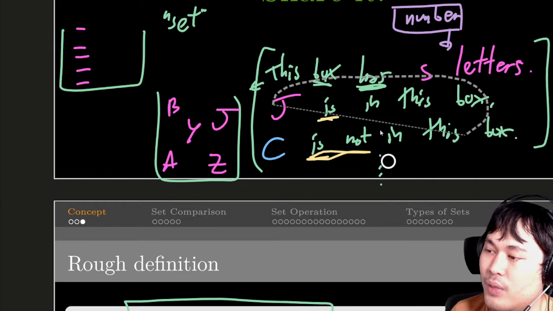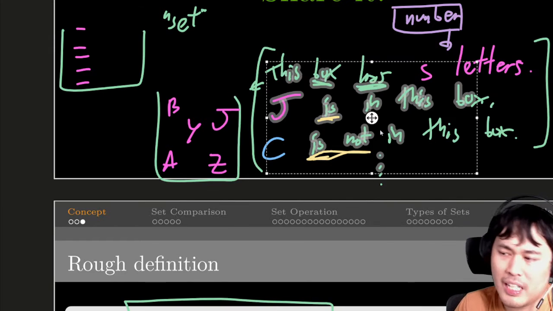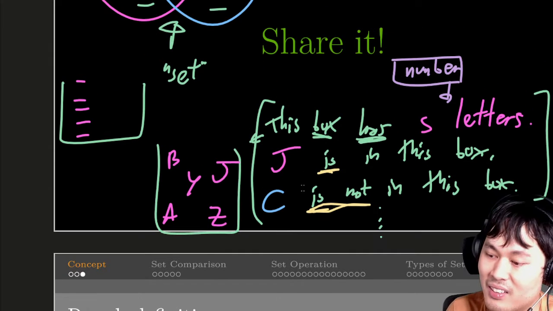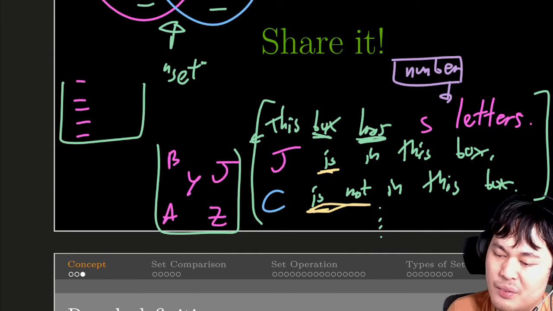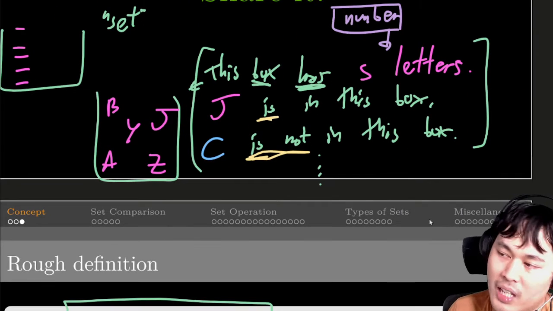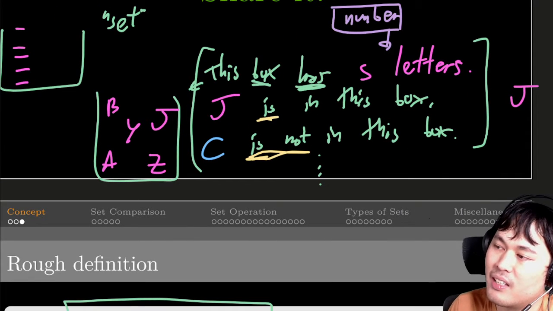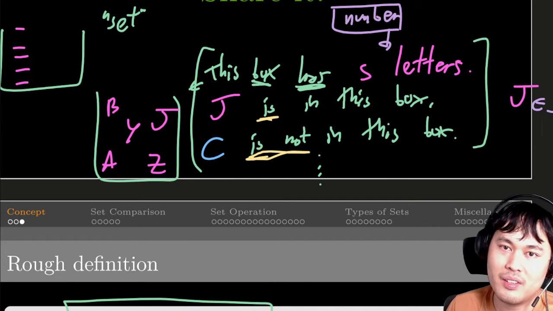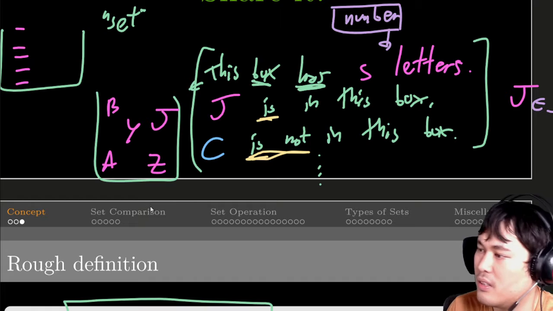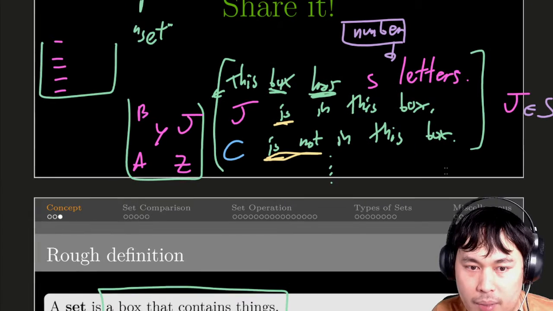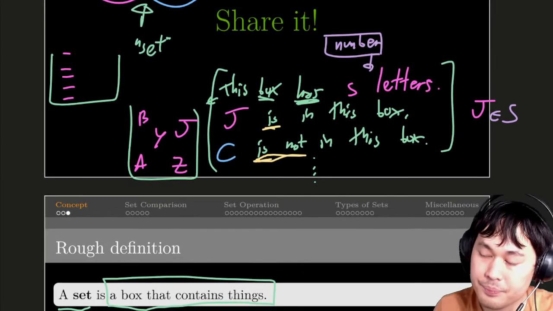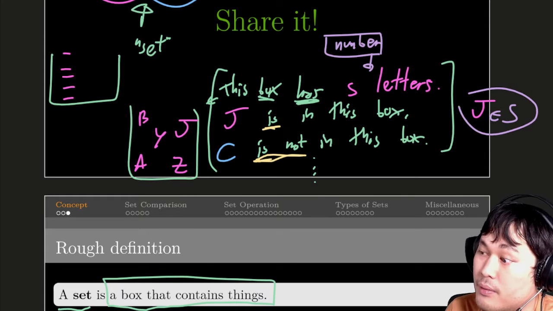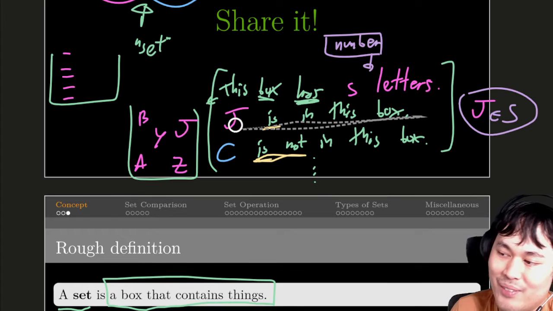Whenever we talk about this kind of concept, we don't have to write the whole sentence again, because as you can see, this is pretty long. So we would rather abbreviate it to something like, J is in S. This letter J is in the set S, for instance, which is a lot shorter than what we have on the left.